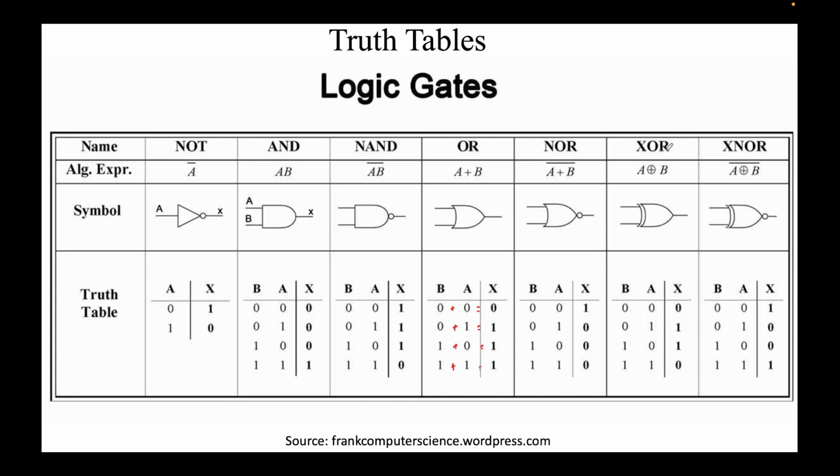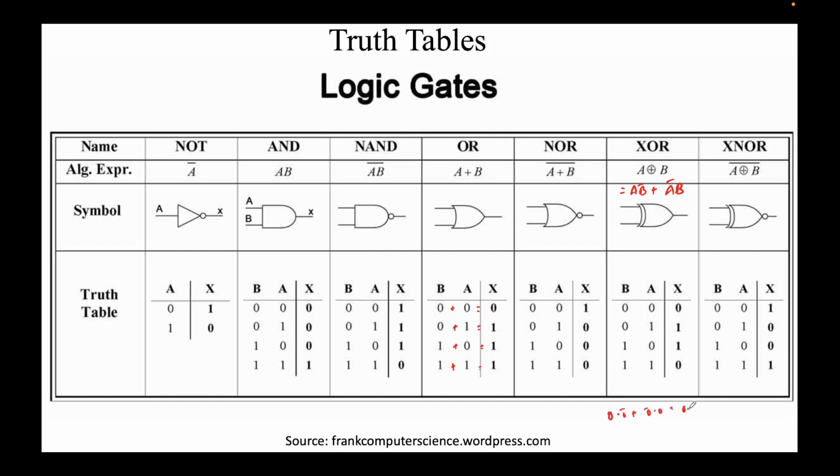Finally, let's have a look at the XOR gate. This is also known as exclusive OR. The alternate way of expressing it is A B bar plus A bar B, where bar is the negation. Let's evaluate A B bar plus A bar B. For inputs 0 and 0, the first term is 0 times 0 bar, plus 0 bar times 0.